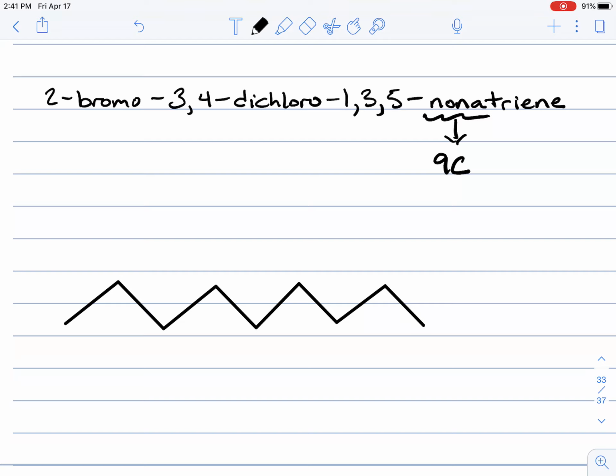Okay. Now, just to kind of vary it up, I'm going to go ahead and number it from right to left, just to showcase that you guys can either go from left to right or right to left when you're drawing your own organic compound from the IUPAC nomenclature that's given to you.